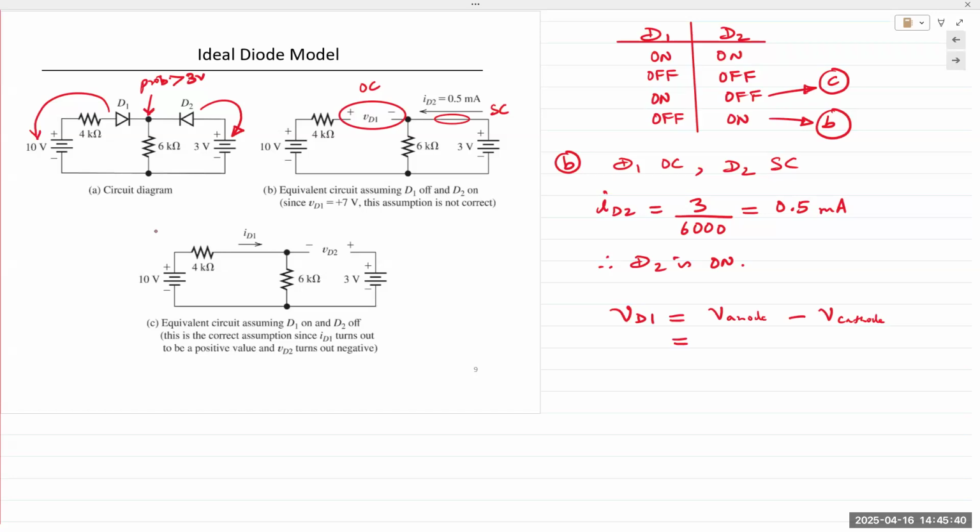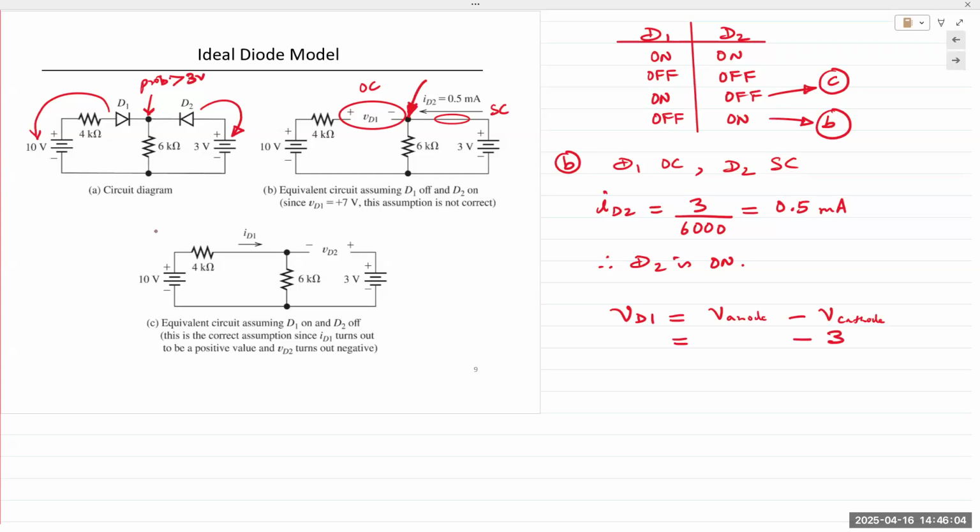What is the voltage at the cathode of D1? Cathode is connected right here. This point is disconnected from everything except the 3-volt source. And so I can say it is 3 volts. So voltage at the cathode of D1 is 3 volts.